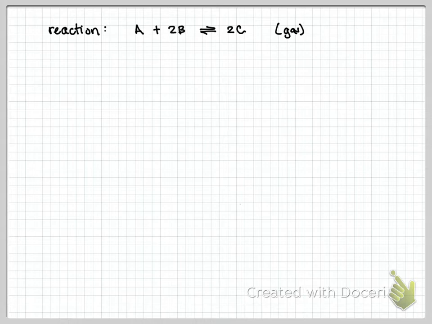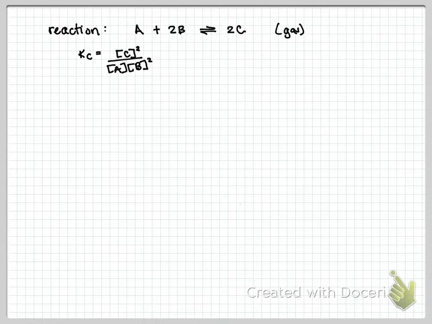So all of our reactants and products will make it into our gas law. Remember that pure solids and pure liquids do not go into either Kc or Kp. So if we're thinking about defining our equilibrium constant, capital K, in terms of concentration or molarity, what should we do? So we'll always put the products over the reactants, and remember that any stoichiometric coefficients are going to make it into our expression as exponents.